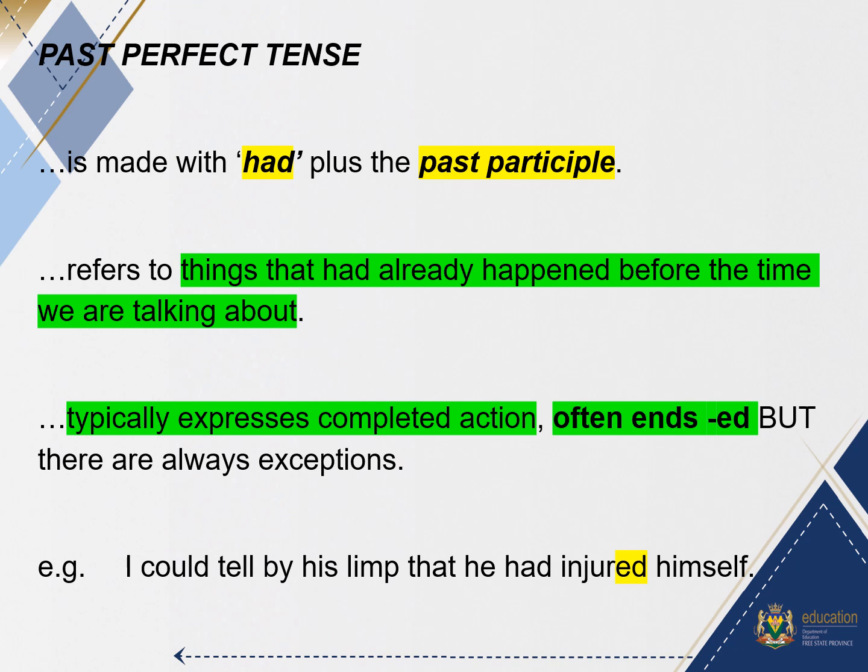Then what we do, we shift the past tense further into the back, a little bit further into the past, and that is when had comes to play, but we can use it in other ways as well. So it often expresses a complete action and often ends on ed, but there are always exceptions, so don't think, oh, it has to happen that way. I could tell by his limp that he had injured himself.